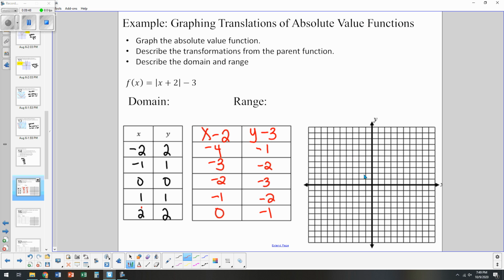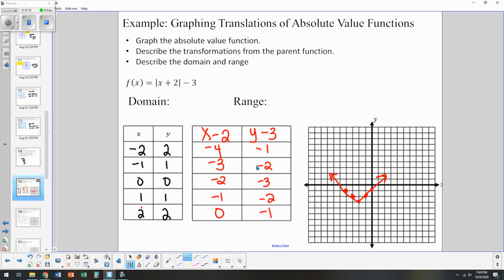If I were to graph this, we have the point -4, -1, -3, -2, -2, -3, -1, -2, and 0, -1. So this is our new function based off the original parent function, which would have been here at the origin.